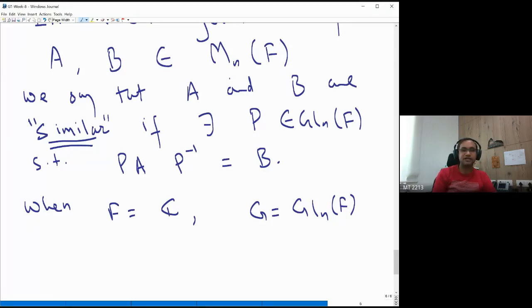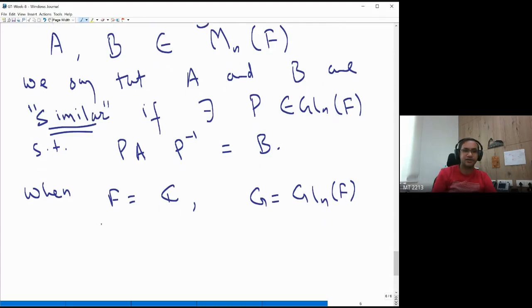But if you look at only invertible matrices, then the similarity relation is nothing but the conjugacy relation. So when F equals C and the group is GL_n(F), similarity is exactly the same as conjugacy.